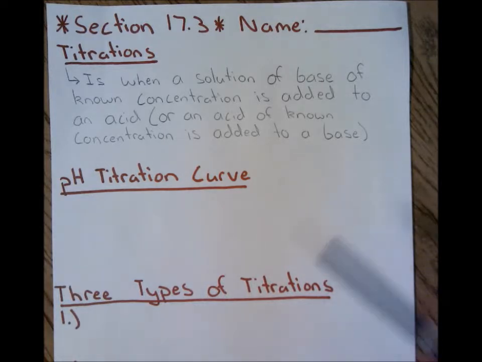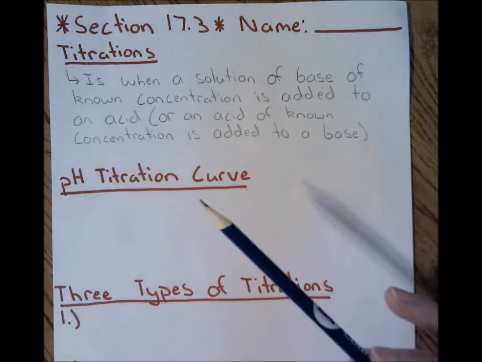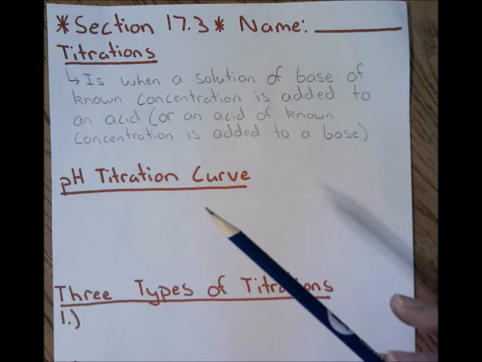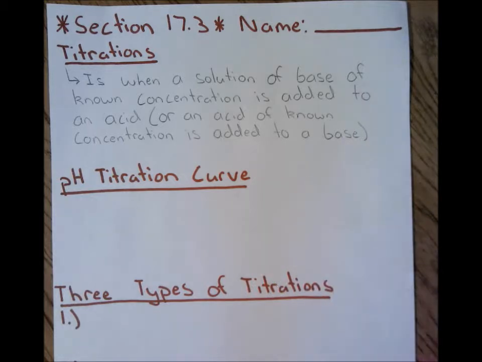Now, what we can do with titrations, they actually form these nice curves, and we're going to talk about this in detail at the end of this section. But pH titration curves are going to have two main components. Number one, they are going to show a plot of pH versus volume during a titration.